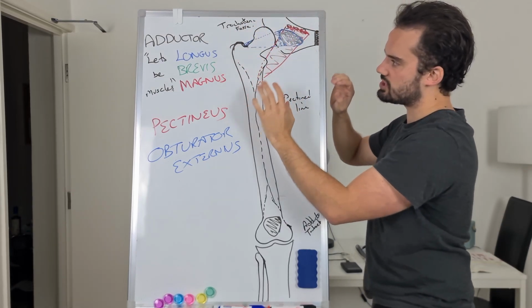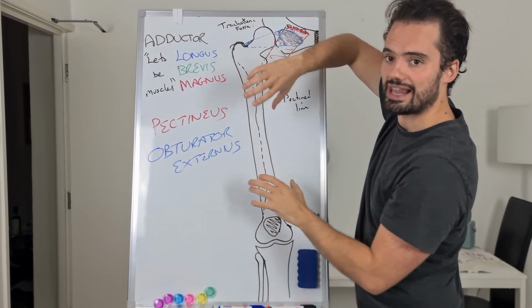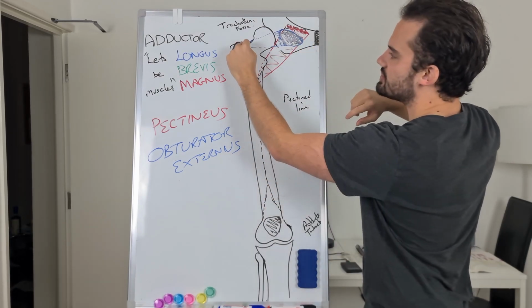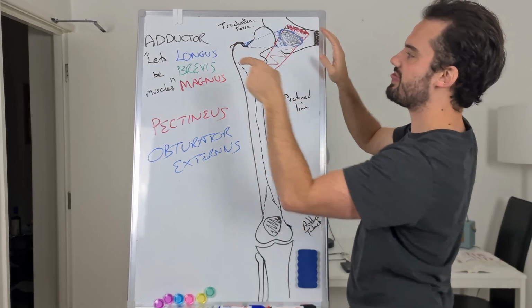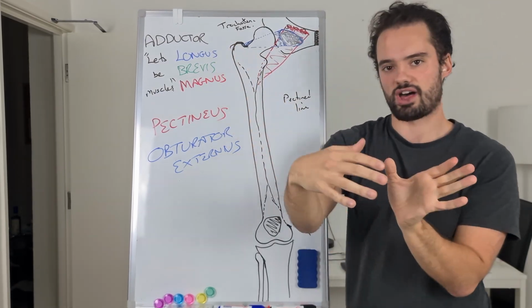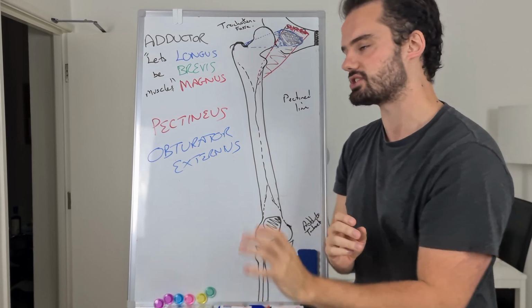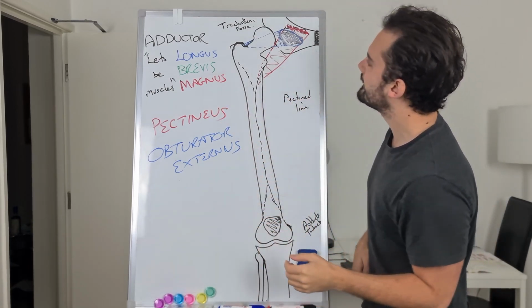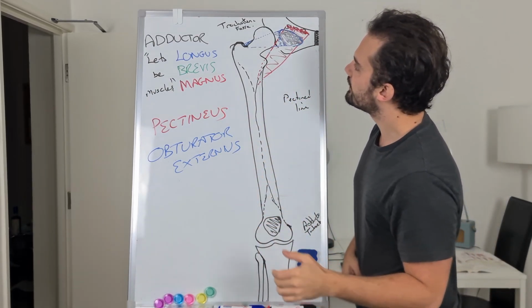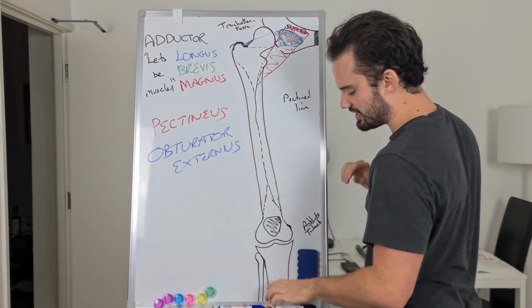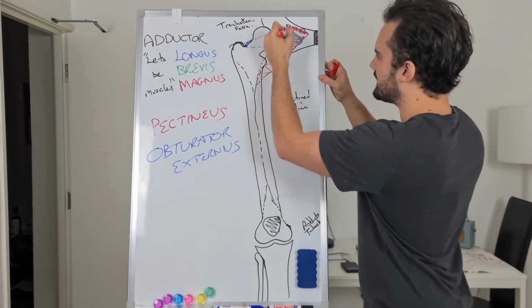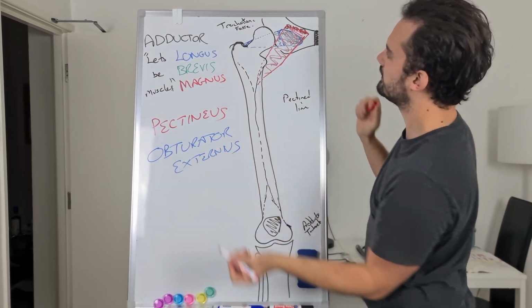Obturator externus also has a big role in lateral rotation of the thigh, because this is on the back. You can imagine if this is pulled that way, the thigh is going to rotate outwards, so external rotation of the hip. So that's obturator externus, deep behind, underneath pectineus. Pectineus is over the top of it.